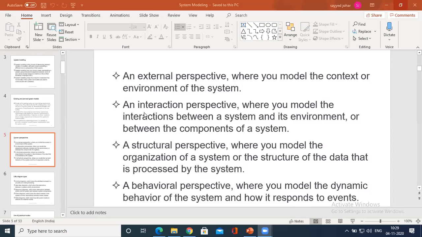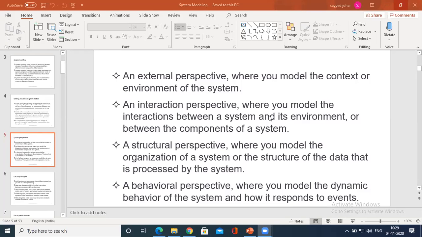What is interaction perspective? Where you model the interaction between the systems. When we say system, you think of objects and classes. There is always an interaction between the classes or the objects. You have seen in class modeling how you studied class to class relationship with an association, and how you understood object to object interaction with a link.